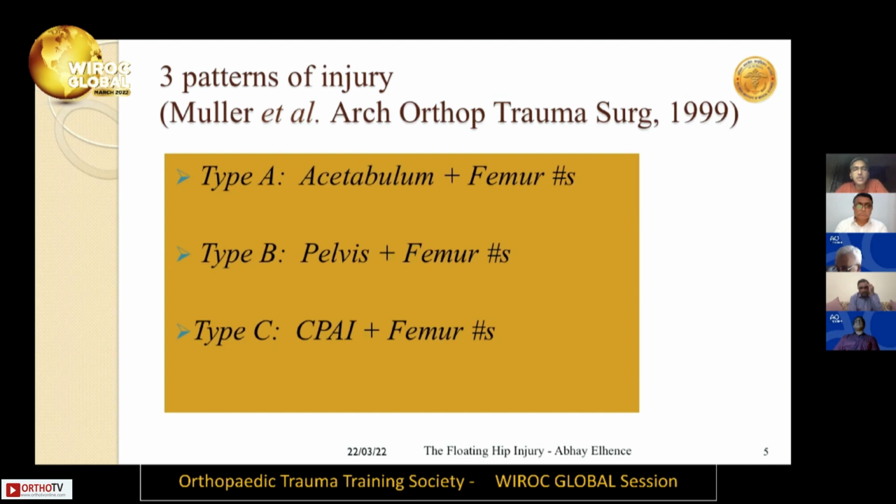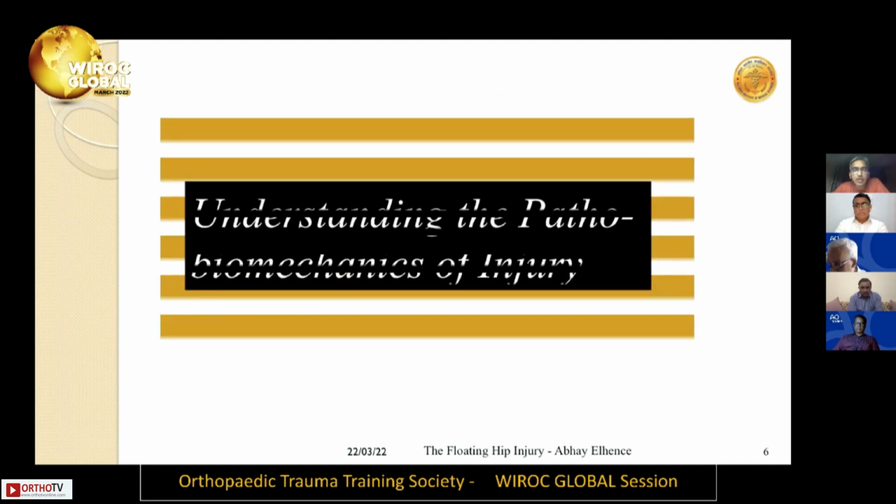Type B are the ipsilateral pelvic injuries with femur fractures, and type C are the combined pelviacetabular injuries with femur fractures. And then, of course, there is no classification for another type, which I will call type D, where you will have both a floating hip and a floating knee together in the same patient.